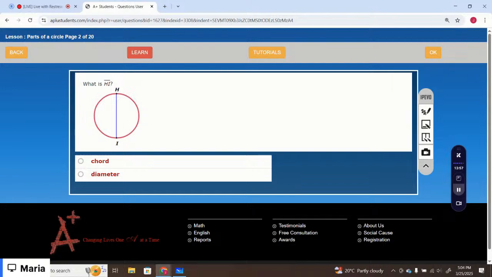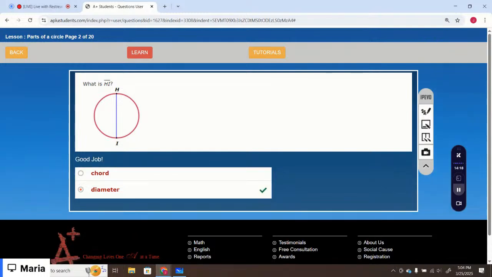What is HI? HI is the diameter. HI is a chord that is passing through the center of the circle and connects 2 points on the circle. That is the diameter.